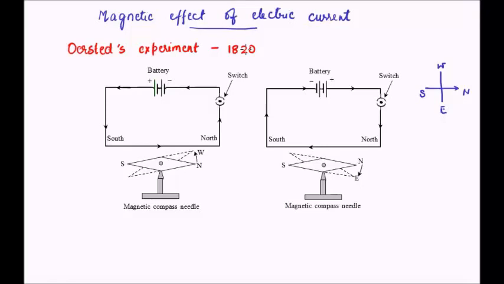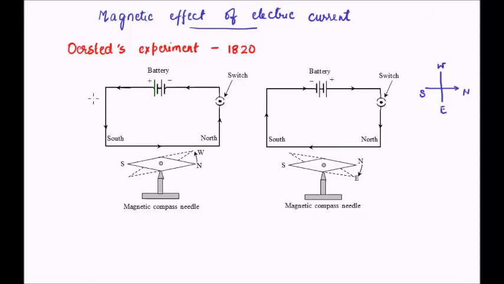This magnetic field which is being produced by the current carrying element is detected by the use of a compass needle, that is a magnetic needle. So this is the basic layout of Ørsted experiment.